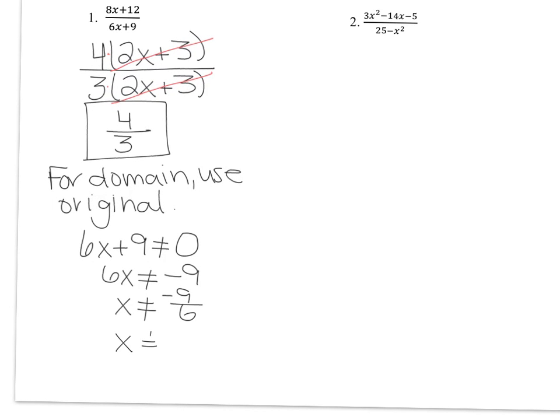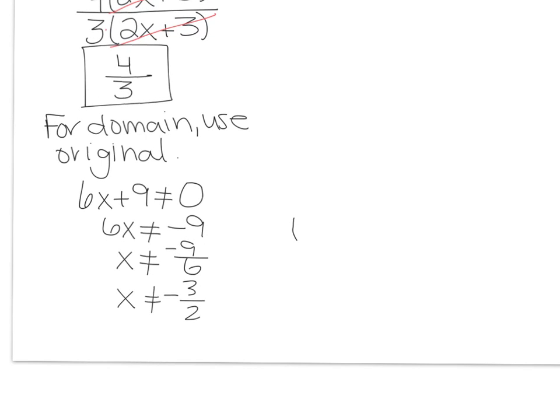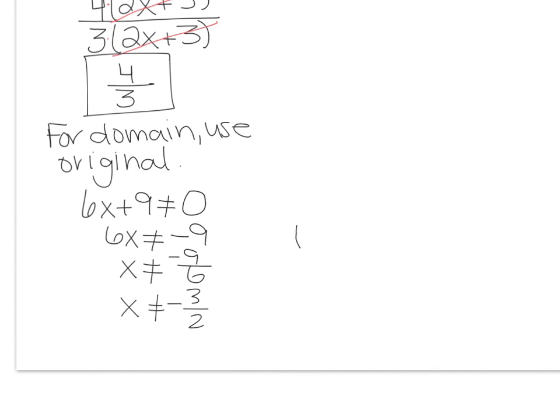x cannot equal -3/2. Now, how we want you writing this is in set notation. So I'm going to say domain: the set of x such that x cannot equal -3/2.